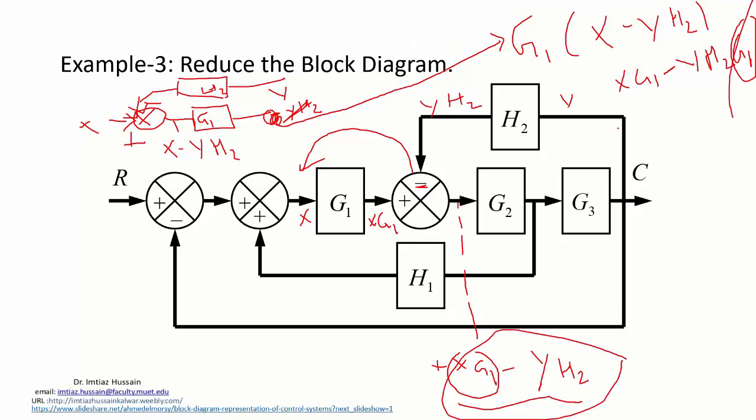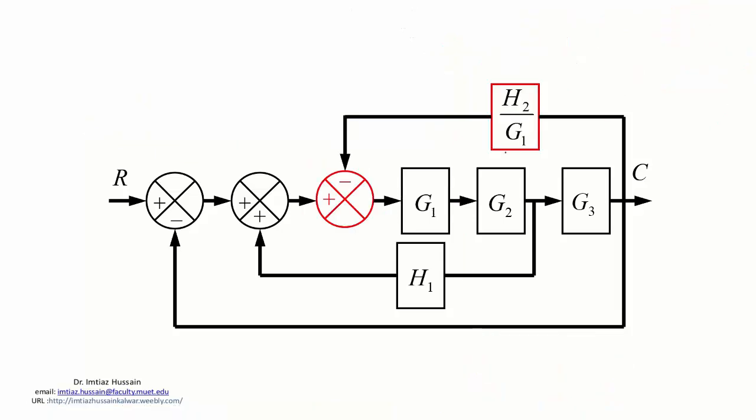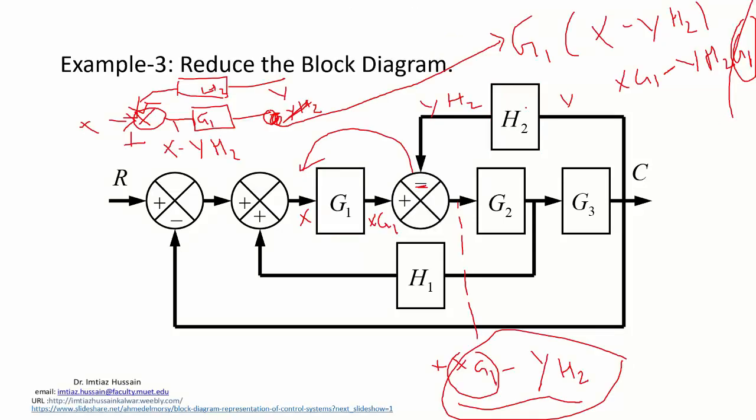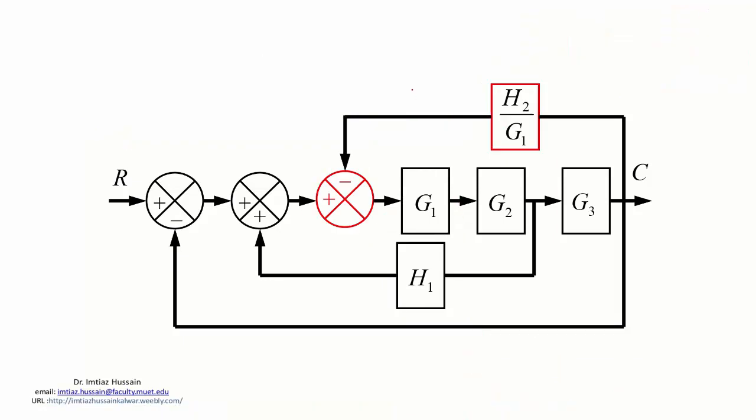So how are you going to do this? By multiplying the gain H2 with the reciprocal of G1. If you multiply this H2 by the reciprocal of G1, then you will be getting the signal here as YH2 divided by G1. And if this is fed to the comparator with input X, finally when this is multiplied by G1, you will be getting the signal here as XG1 minus YH2.